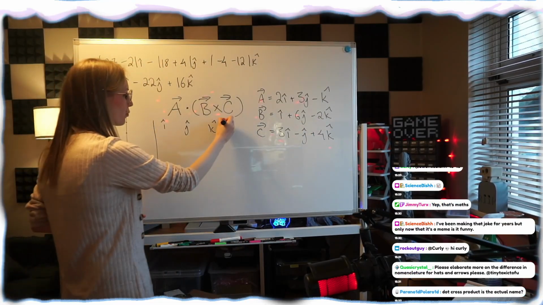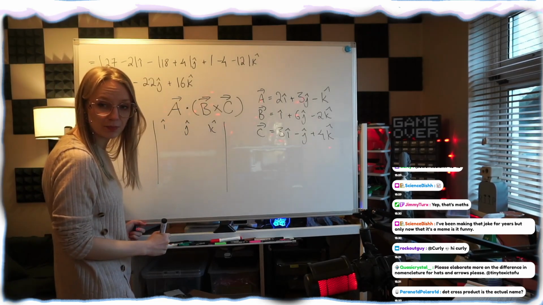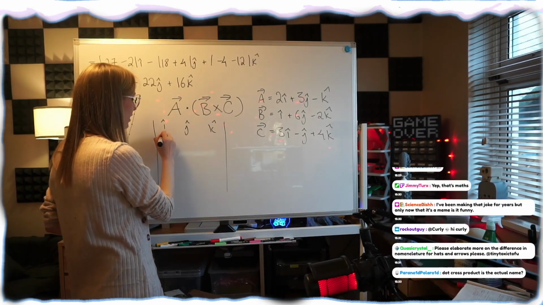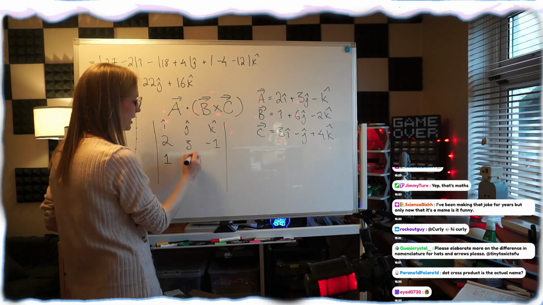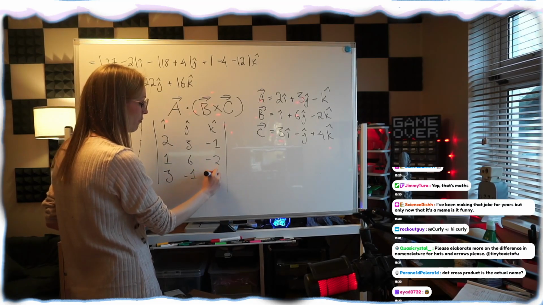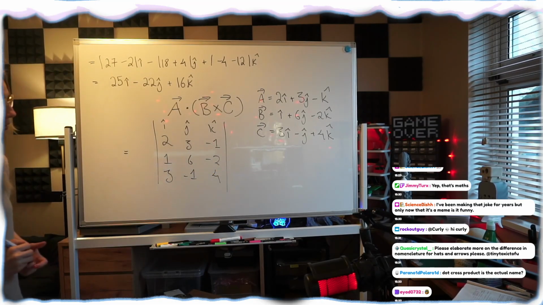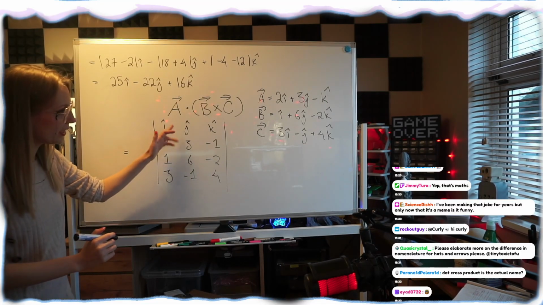How would we express it? Well, this can be expressed as follows. We list them like a matrix, like we did before. That'll be 2, 3, minus 1; 1, 6, minus 2; 3, minus 1, 4. But the way we're going to do it is you cross product each parameter.